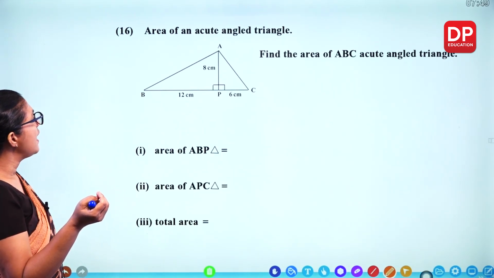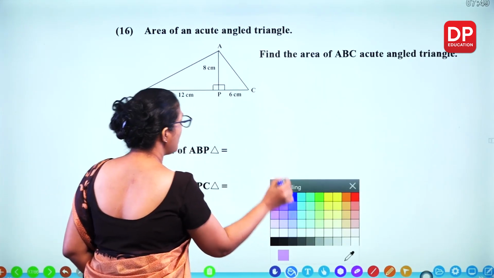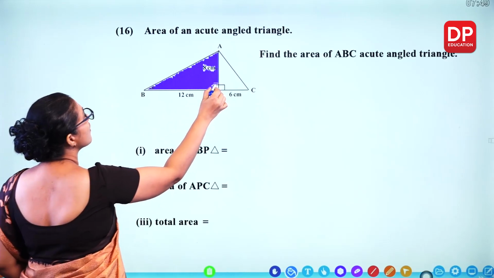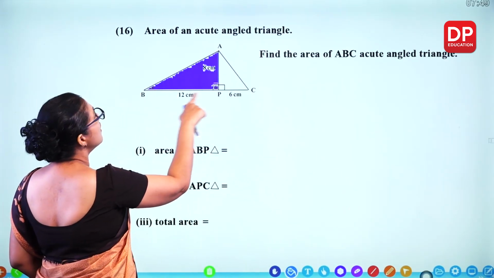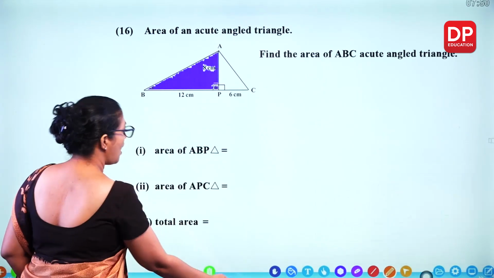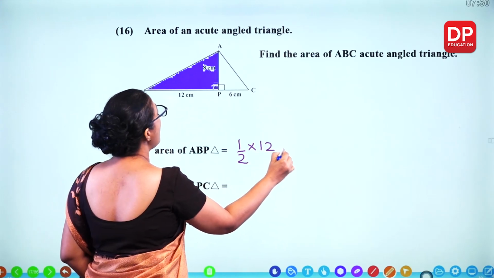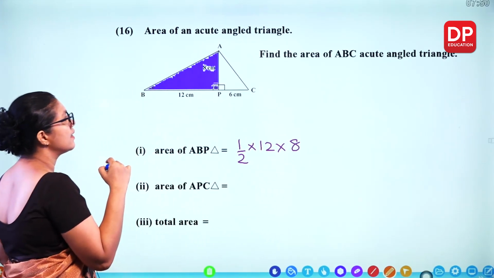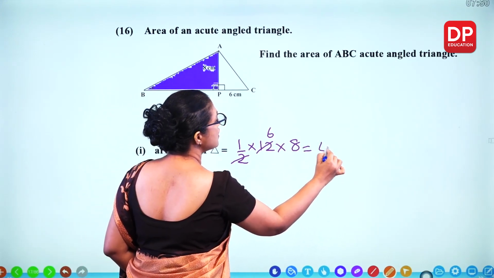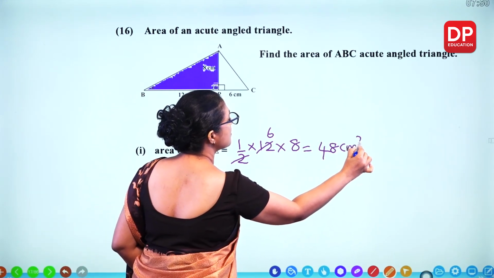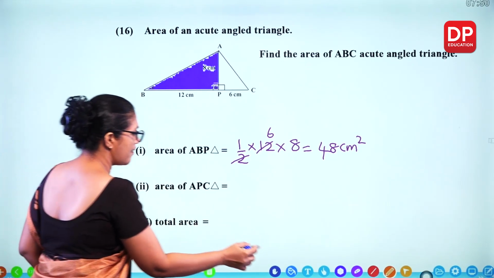So we'll do that. Area of ABP, this one. How do we find this one? What's the perpendicular height and base? I can take half, base is 12 and height is 8. So 2 times 6, 6 times 8, 48 square centimeters. Area of APC, this area.